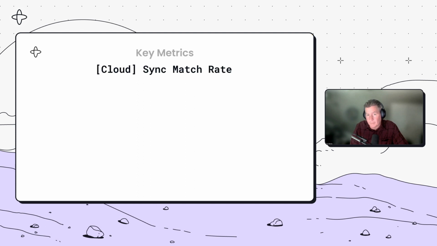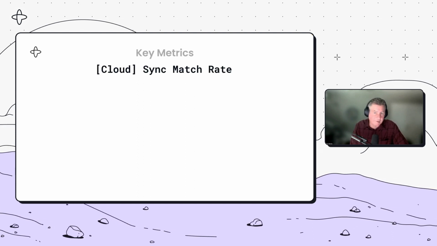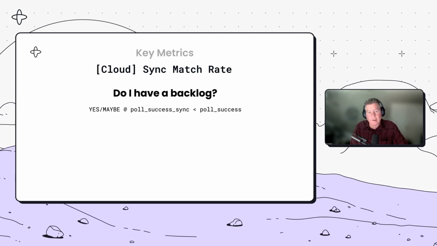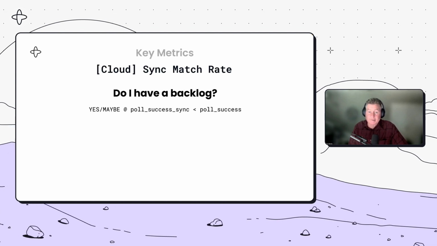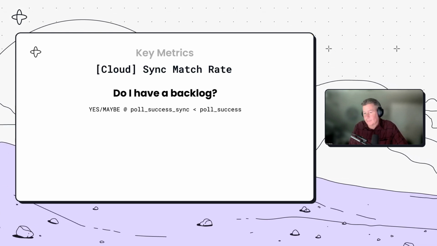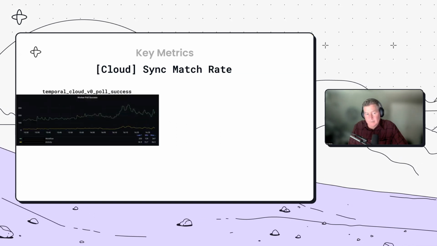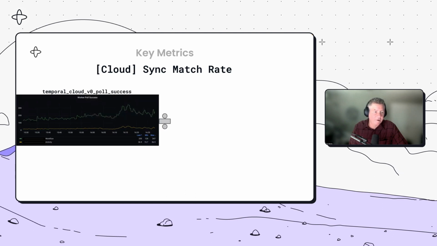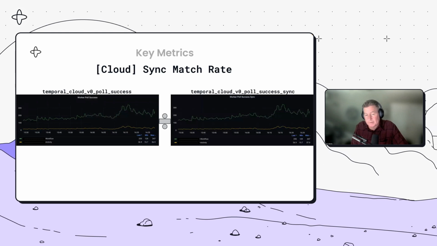So another way of confirming this, or to see if this is happening, is what we call the sync match rate. Again, it's asking the question, do I have a backlog? You might if the poll success sync cloud metric is less than the poll success metric. So this is the Temporal Cloud poll success metric here, and then you can divide this value by the poll success sync.